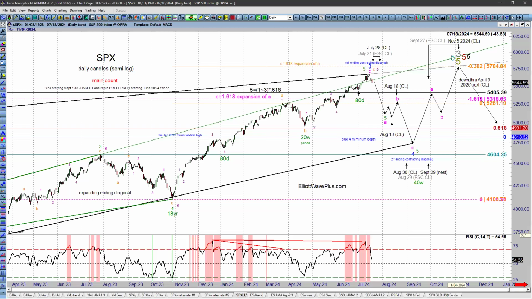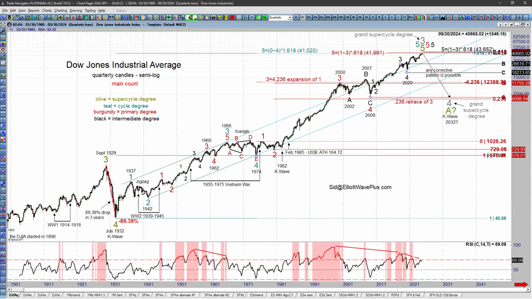A question comes in: how low does Elliott wave suggest the drop in November, wave 5 of wave 5, will go? Well, that's a really good question, Richard. We're going to go back to the quarterly chart on the S&P.